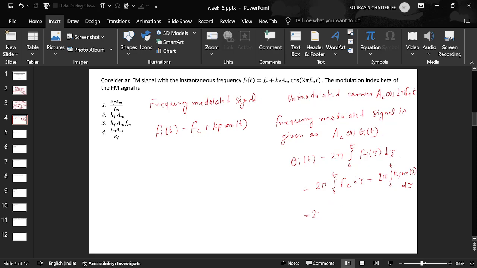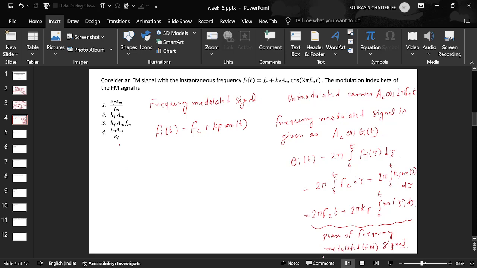So here we have obtained 2 pi fc t, and here we obtain 2 pi kf integral 0 to t of m(tau) d tau, and this one here is the phase of the frequency modulated, that is FM, signal.